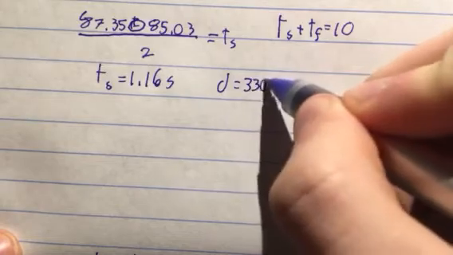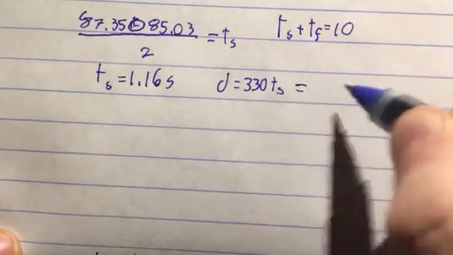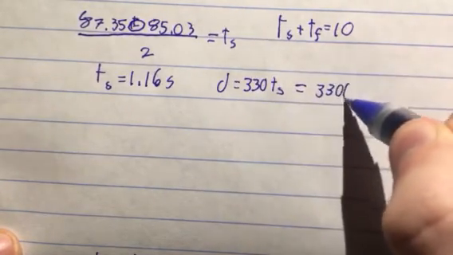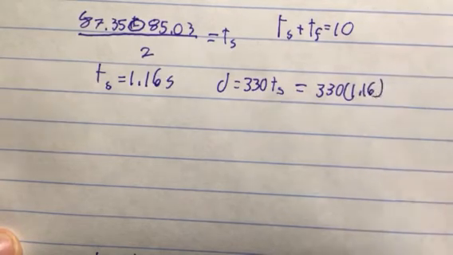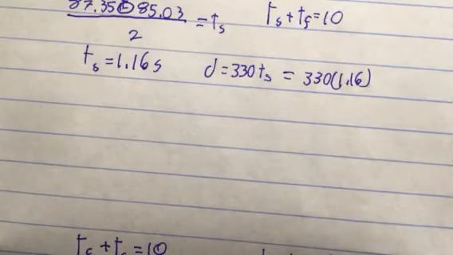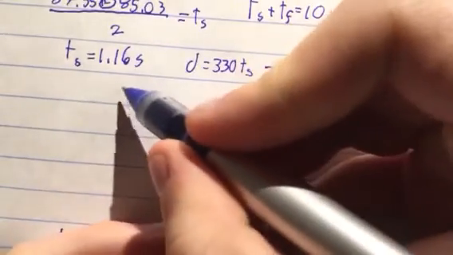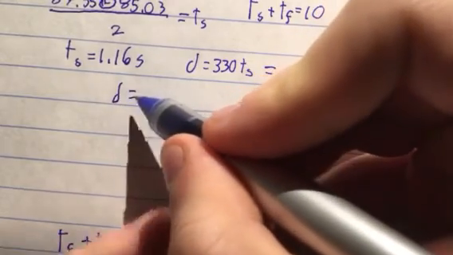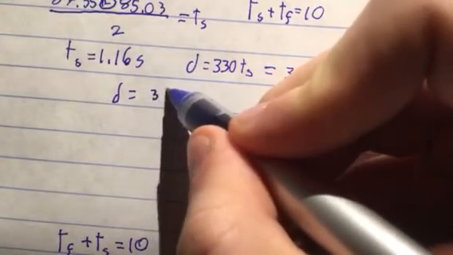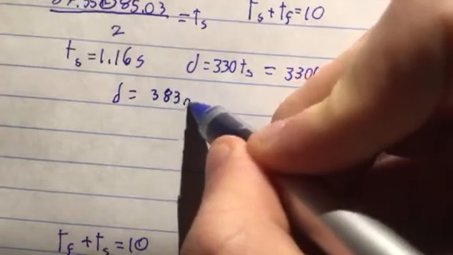And now we have our formula. So 330 TS is going to be equal to 330 multiplied by 1.16. If we do the multiplication, our distance equals 383 meters.